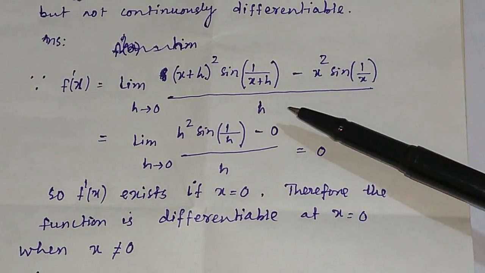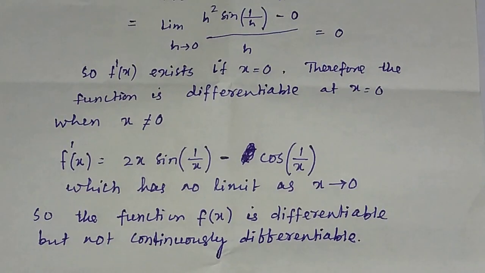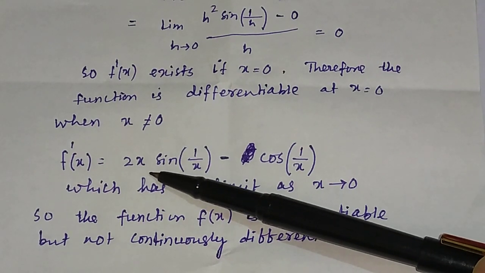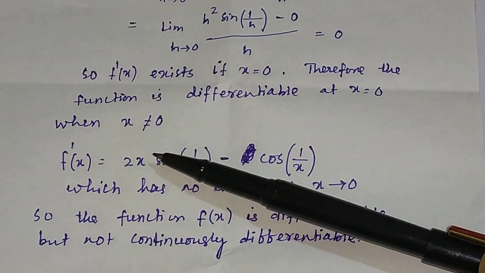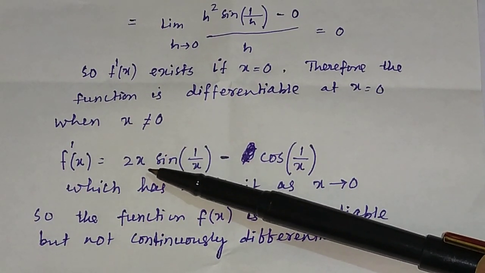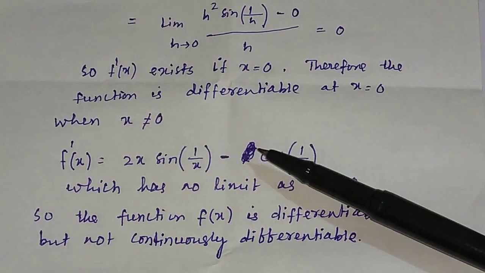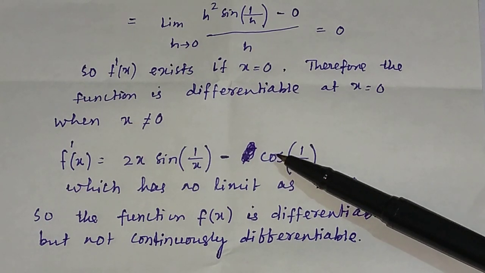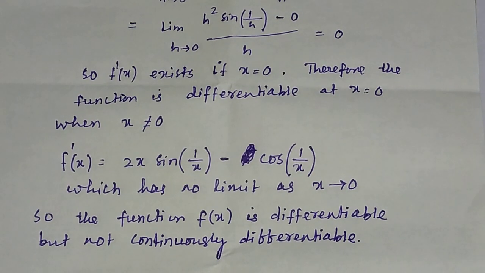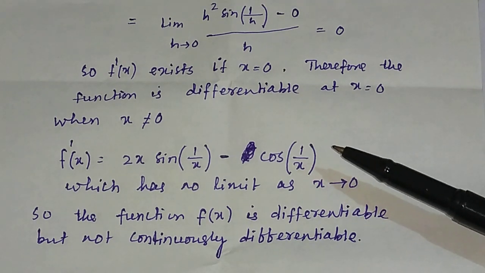But will it be continuous in its derivative when x is not equal to 0? Let us verify it. If you find the first derivative of f of x, using the formula for the derivative of a product, the derivative of the first function, x square, is 2x, into the second function, sine of 1 by x, plus x square into the derivative of the second function, which is cos of 1 by x into minus 1 by x square, and when it is multiplied with x square, that will be equal to minus 1.